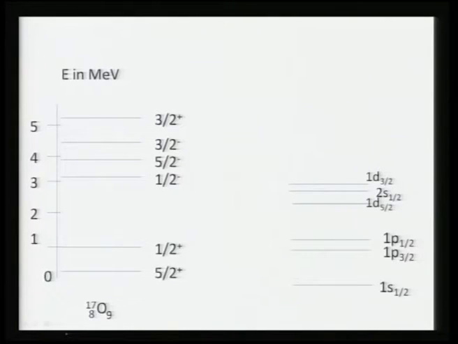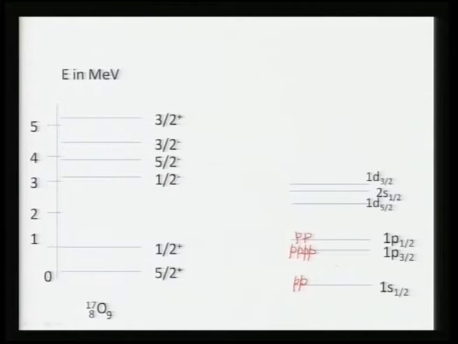Those 8 protons will just fill the first states: 2 here, 4 here and 2 here. So, 2 plus 4 plus 2, that is a major shell closure at 8; 8 is a magic number. So, this forms a closed shell.